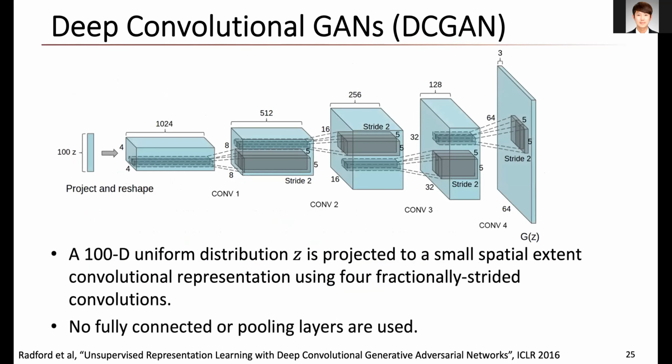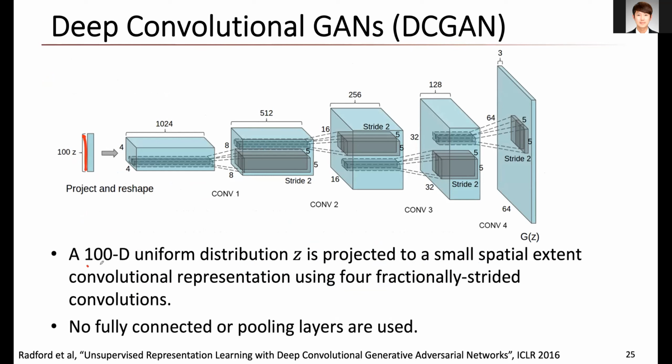So this is an example of the GAN generator starting from the random noise Z, which is a 100 by 1 vector, and then we upsample this random noise sequentially.